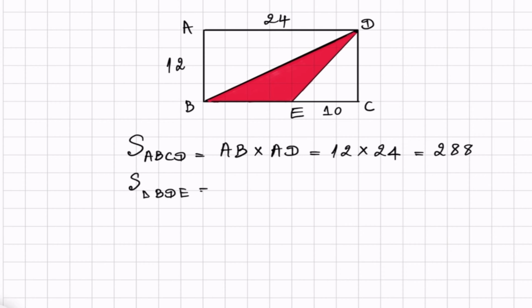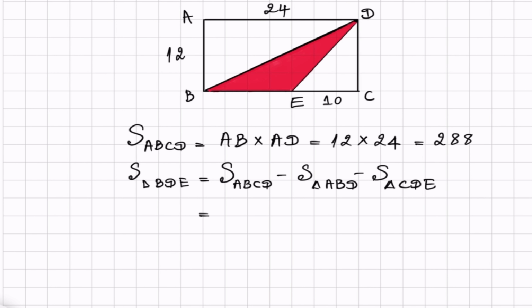Okay, so as we can see, the red area, which is the triangle BDE, is equal to the whole area of the rectangle, which is the area of ABCD, minus the area of triangle ABD, and then minus the area of triangle CDE.